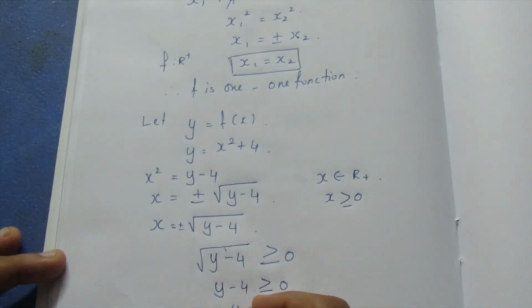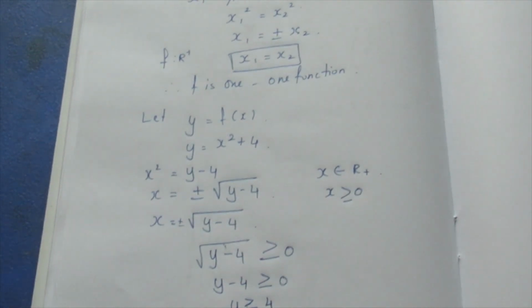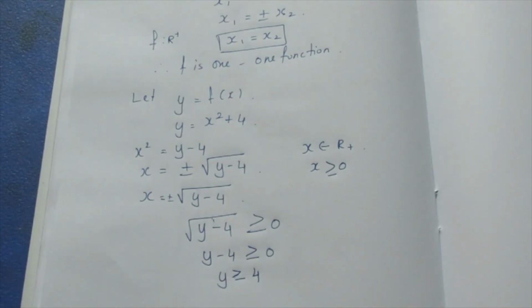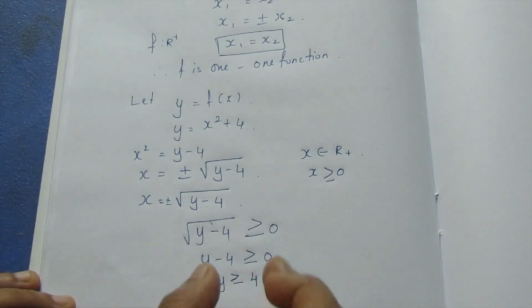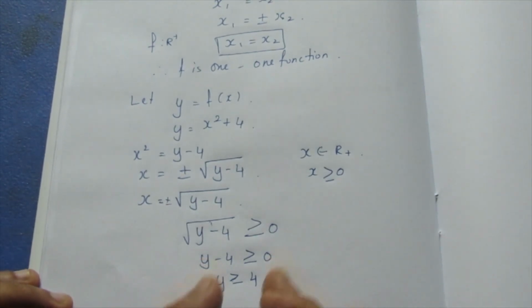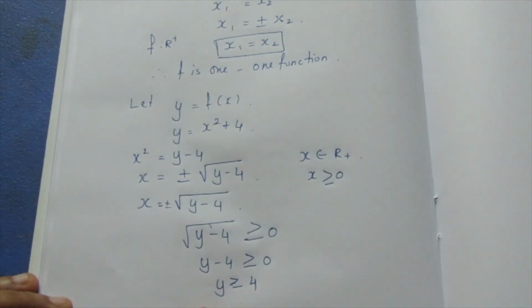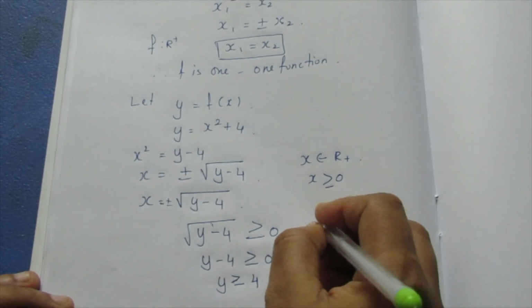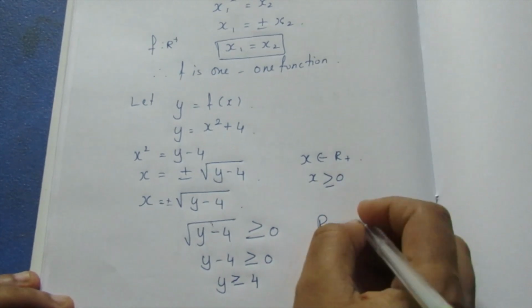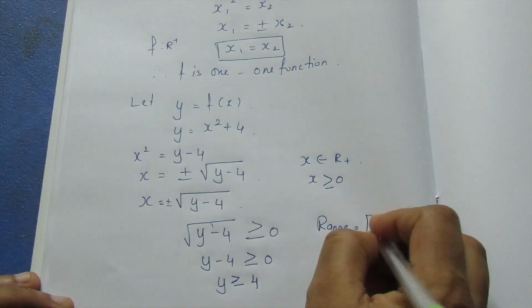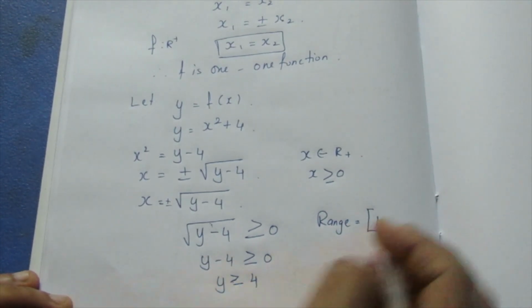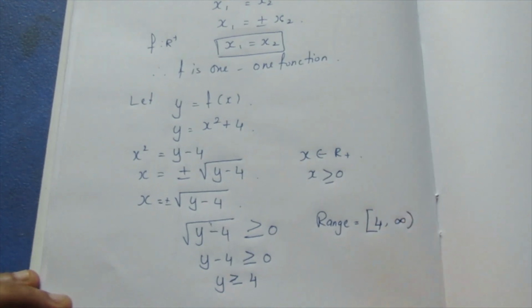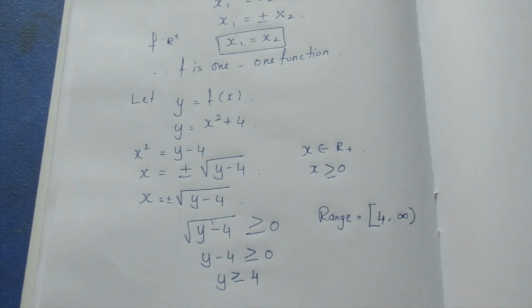Y is greater than or equal to 4, as 4 goes to that side and becomes plus 4. This is the range. The range values are greater than or equal to 4, meaning 4 is included, till infinity.